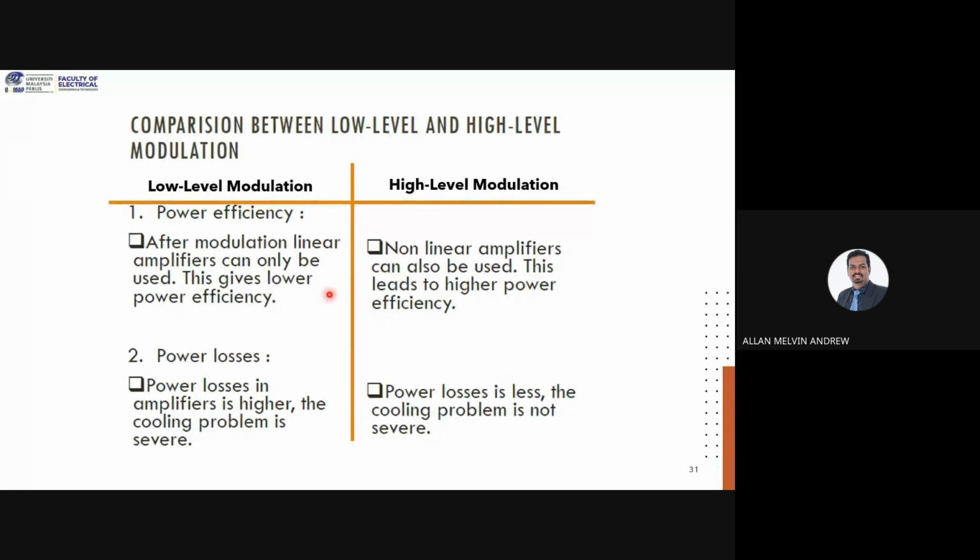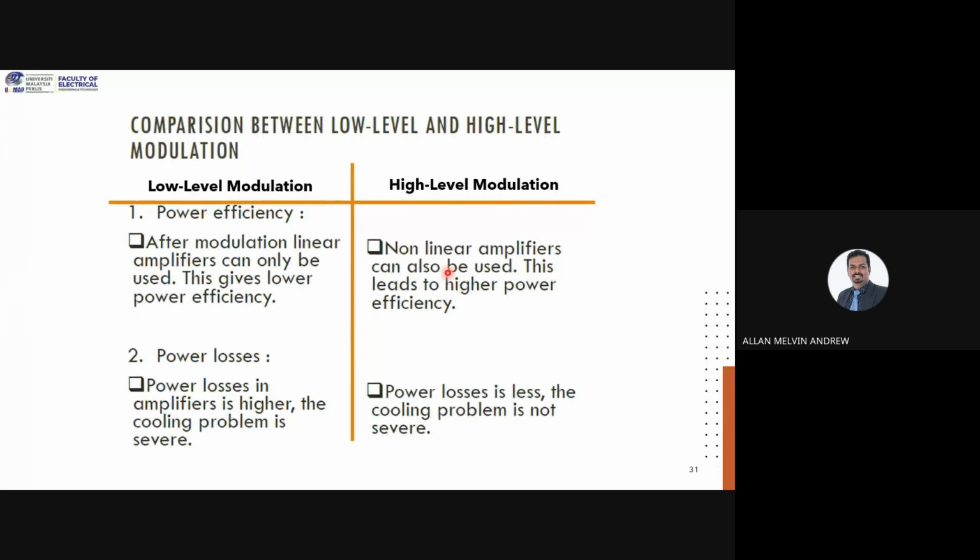Okay, then power efficiency. After modulation, only a linear amplifier can be used. This gives a lower power efficiency. Linear amplifier meaning, if you give A, it will give B. So it's already predetermined: you give this input, you get this output. That is what we call a linear amplifier.